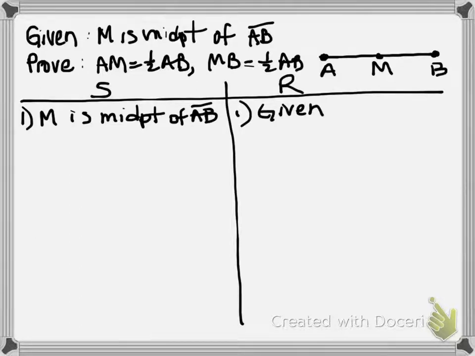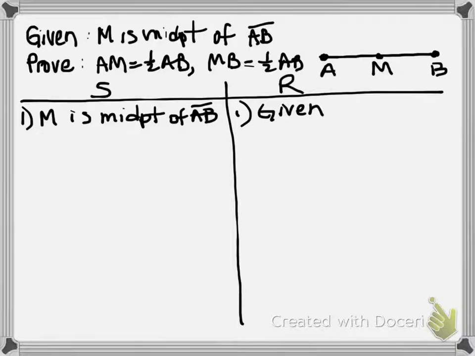One of the things that I'm always doing is looking at what information I got from my statement that I could use for my next step. The only interesting thing out of M is the midpoint of segment AB is that idea of midpoint. So generally speaking, the key idea in a statement becomes a reason for the subsequent step. So keep that in mind.